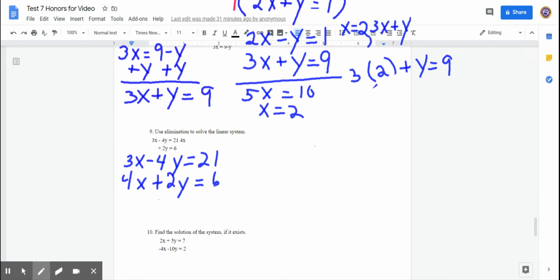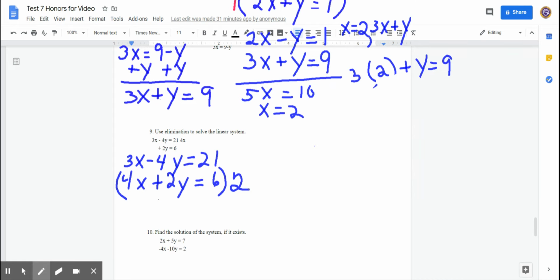Okay, so if I see here, my x's are 3 and 4, the coefficients, and I look at my y's, and my coefficients are negative 4 and 2. So I know that if I multiply this second equation by 2, my y is going to have the coefficient of 4.